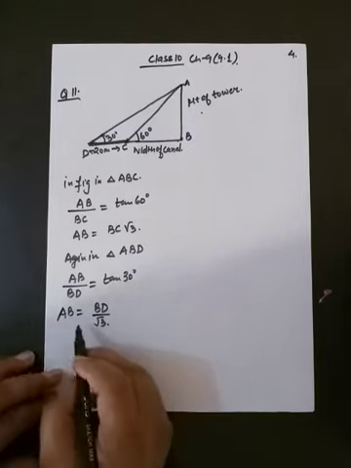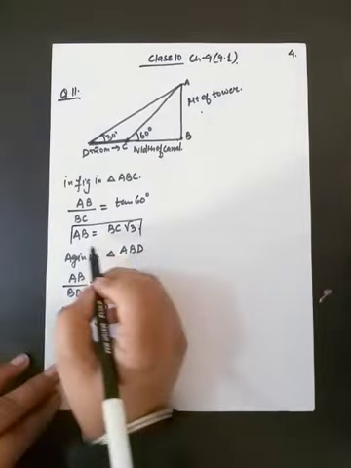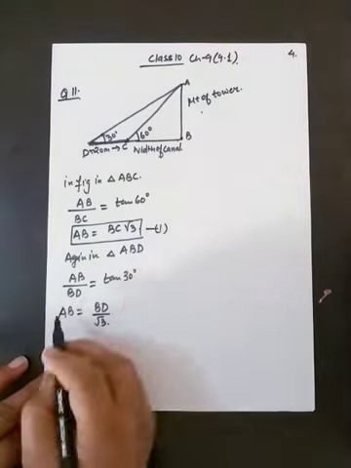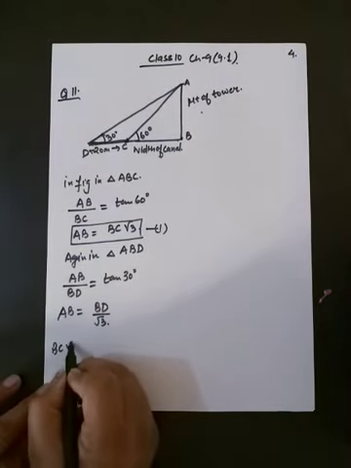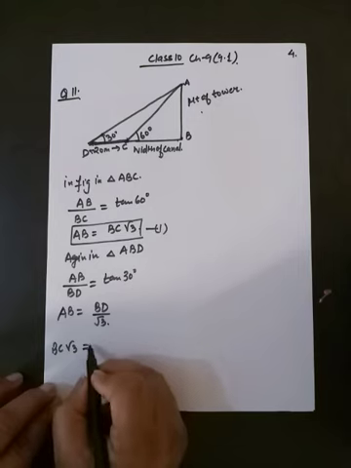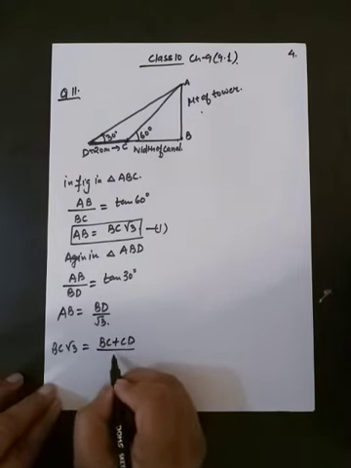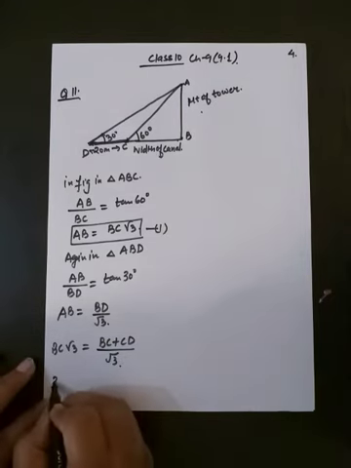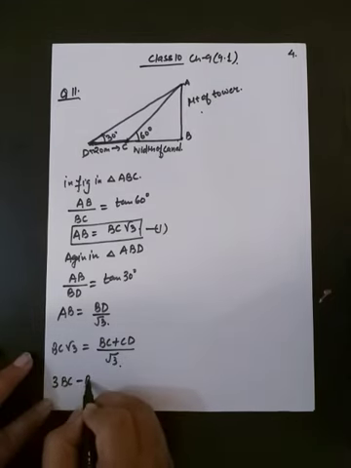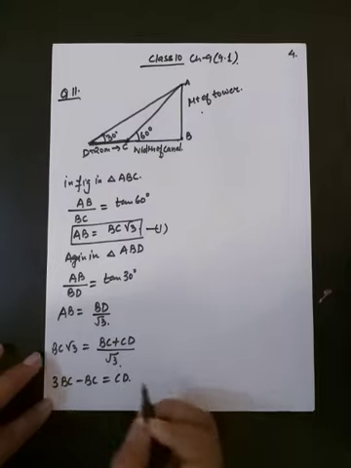Now we can put the value of AB from equation number 1, and here it is BC root 3, and BD can be split into two parts, BC plus CD, by root 3. It will be 3BC minus BC is equal to CD.